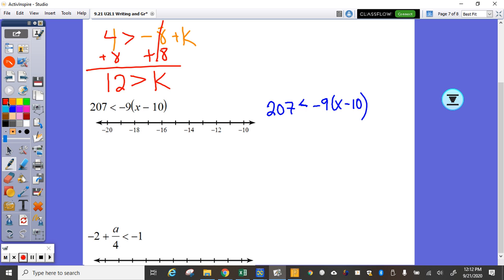Let's divide by the negative 9. These cancel. I divided by a negative, and negative 23 is greater than x minus 10.